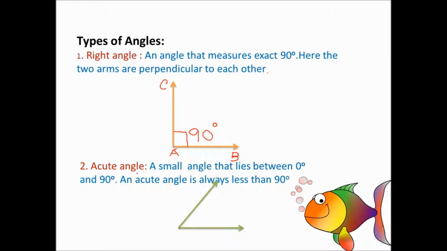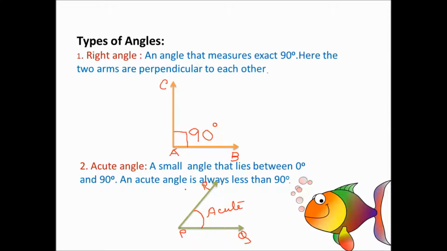Next is an acute angle. A small angle that lies between 0 degree and 90 degree. So an acute angle is always less than 90 degree. So see again, if this is P, this is Q and this is R, then P is our vertex, PQ and PR are the two arms, and the measure between PQ and PR is our acute angle.